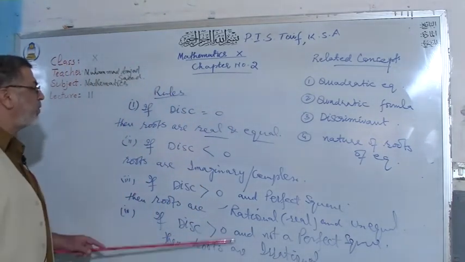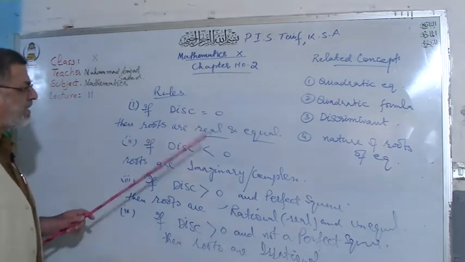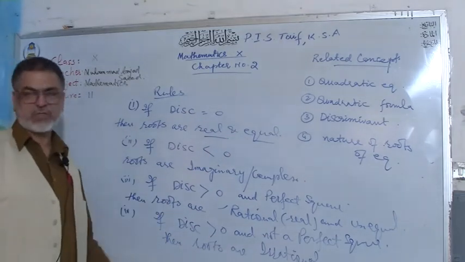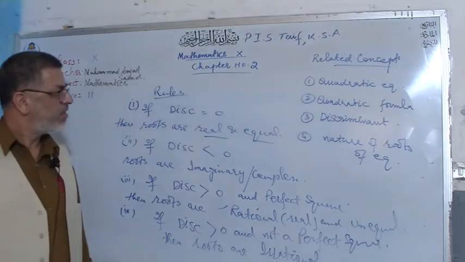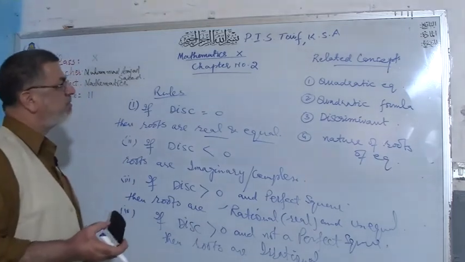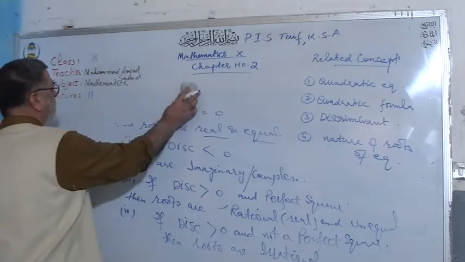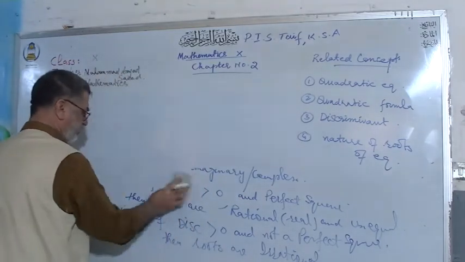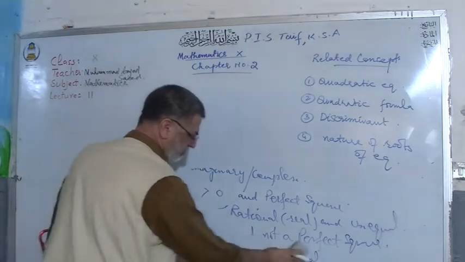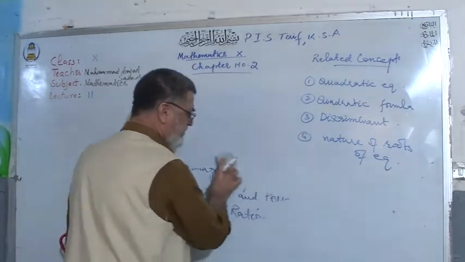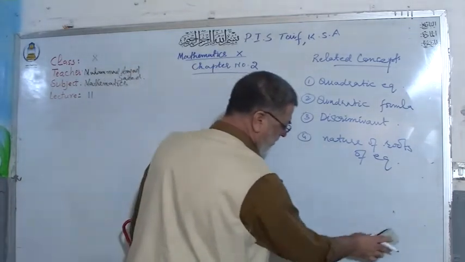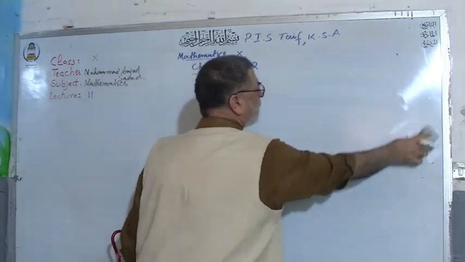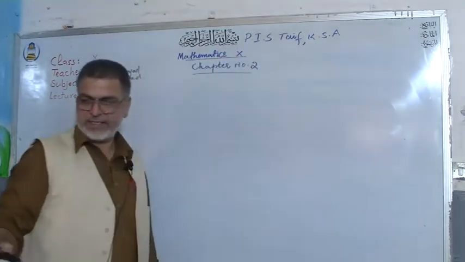So these are the rules for deciding what is the nature of the roots of this quadratic equation. By having this idea, now we can start our exercise 2.1 formally. Keep in mind these rules. This is very important, and you will use these things.